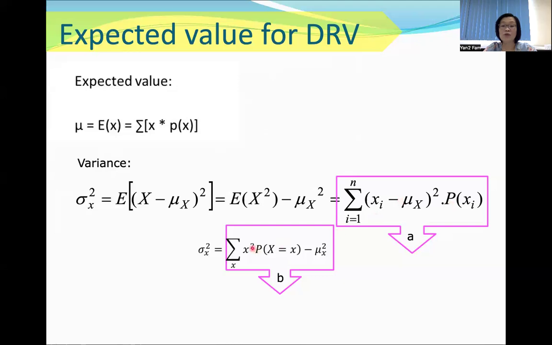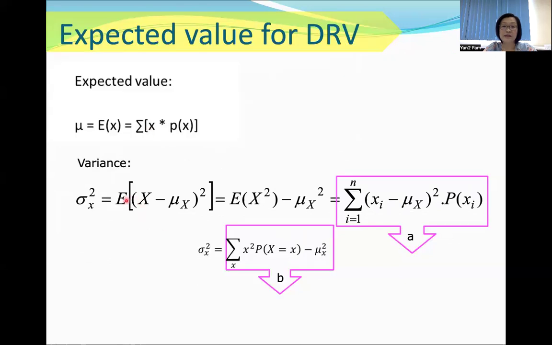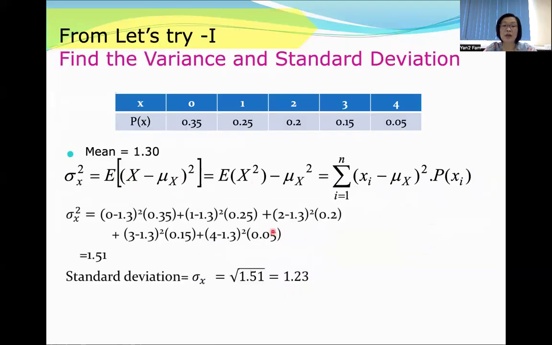Or you can use your x power of 2 times the probability value and minus the mean power of 2. Well, that depends on which one you feel comfortable with. So let's try this. And in fact, you can use both. It should have the same value because it's derived in the same way.